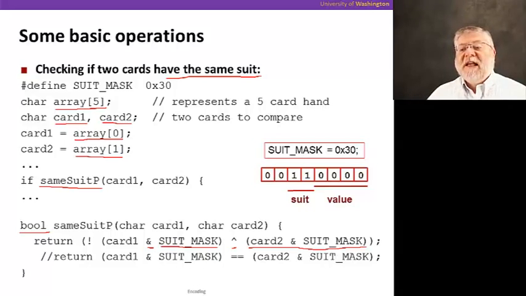In other words, they had the same 0s and 1s in these 2 locations. If they have that, then the result will be all 0s. And that's a Boolean false, and by taking the complement of it logically, we can say then that those 2 cards match, that our result is true.